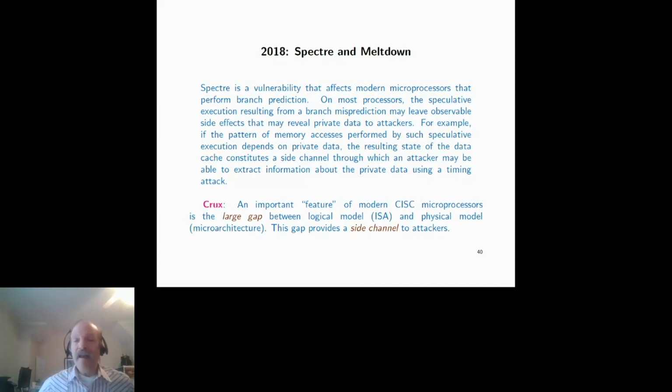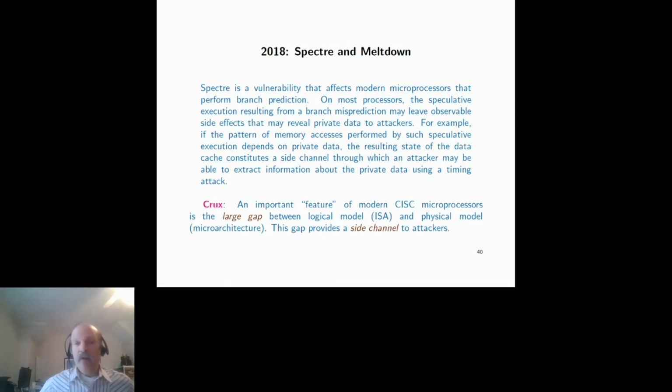However, they create a large gap between the logical model and the physical model. The results from the physical model are revealed to an attacker. They provide a side channel.